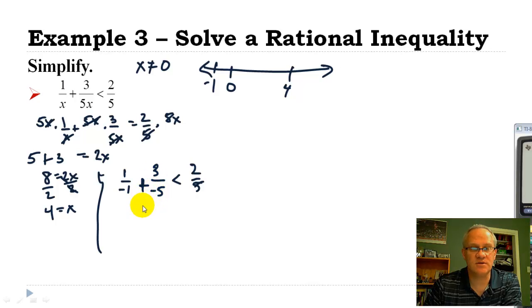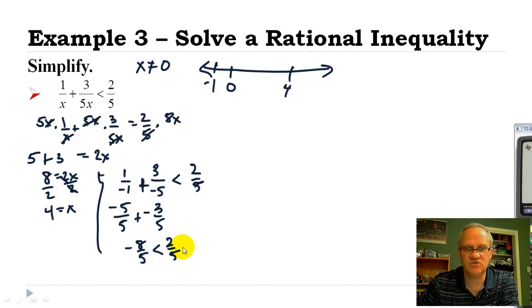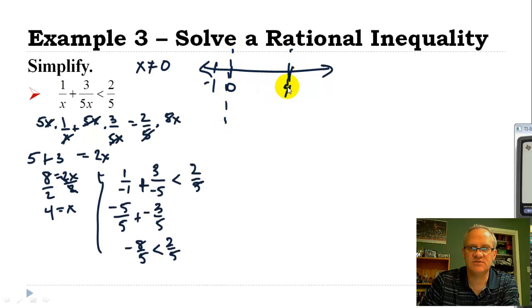That's going to be a bigger negative number there. But just to get the exact number, -5/5 plus -3/5 looks like it's going to be -8/5. Is that less than 2/5? Remember, 2/5 is positive. -8/5 is negative. So yeah, that looks like that's going to be true. Maybe it'll help to draw a dotted line here so we can see what we're looking at. So this is true out here.